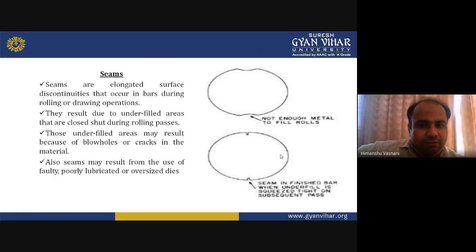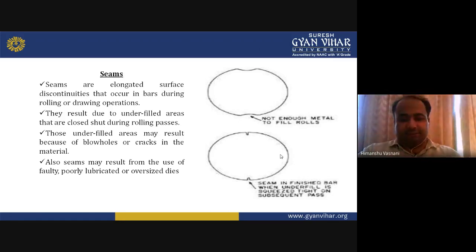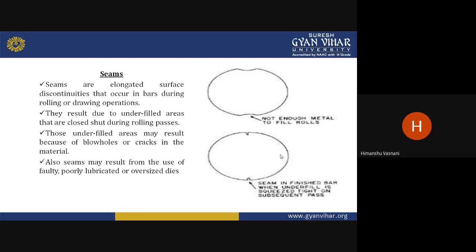There is a discontinuity on the upper side and on the bottom side. These are a kind of surface discontinuity that occurs in the rolling or drawing operation in bars.